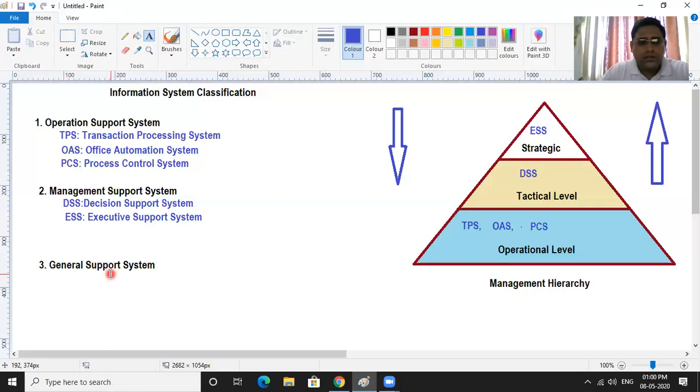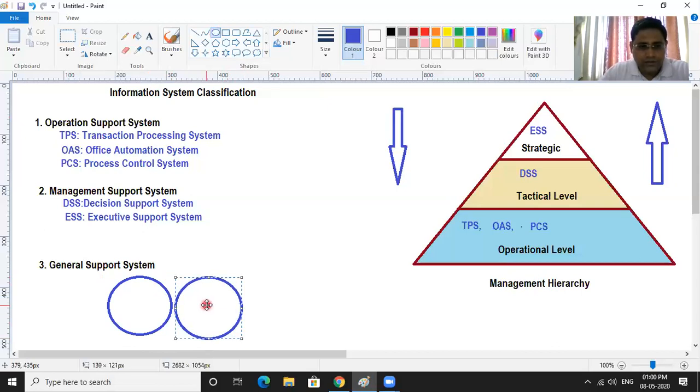Now the third one is general support system. General support system is the combination of both operation support system and management support system. I'm sure that you all know the Venn diagram.